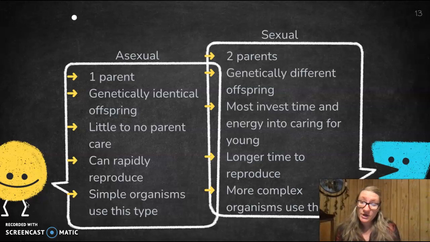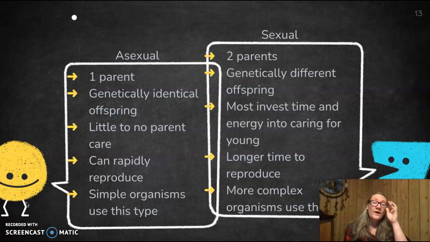Whereas sexual reproduction involves two parents, genetically different offspring, they invest a lot of time and energy into caring for young, they take longer to reproduce, and it's more complex organisms that are involved in sexual reproduction.